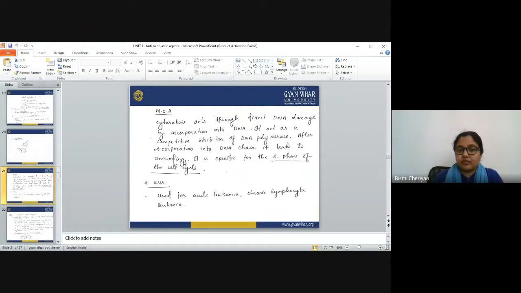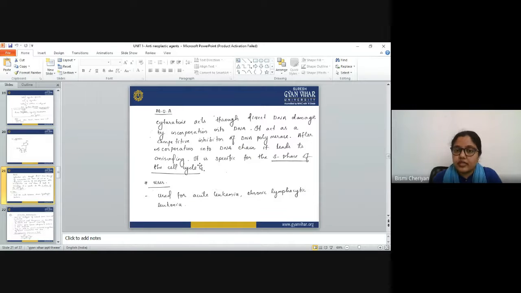When this miscoding happens, what is the reaction inside the DNA? It means that guanine base pairs with thymine. So that is the miscoding here. When cytarabine is incorporated into the DNA chain, that leads to miscoding, which leads to disruption in the DNA and RNA structure and function also.